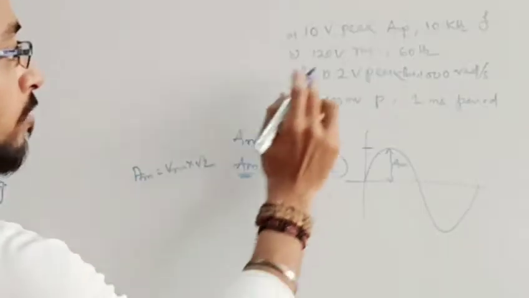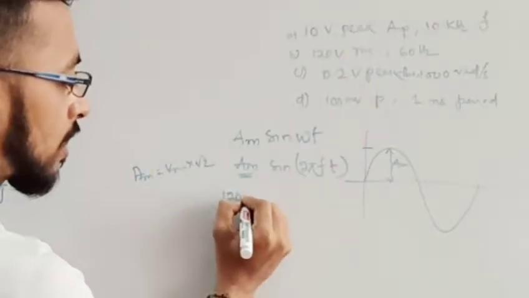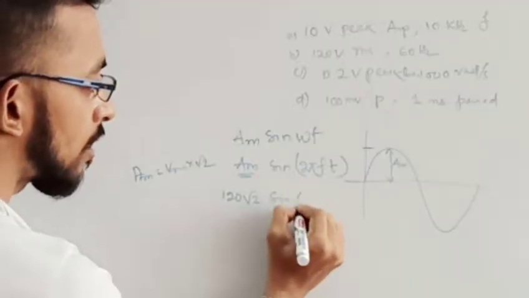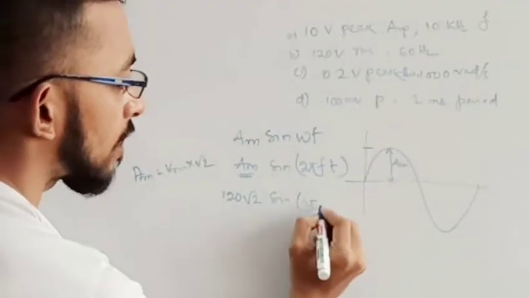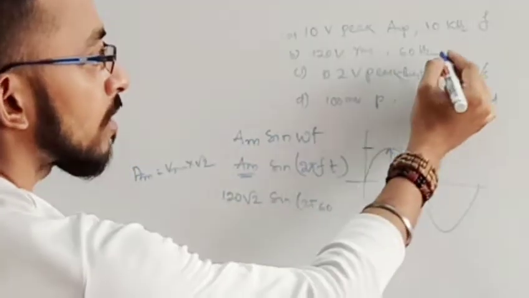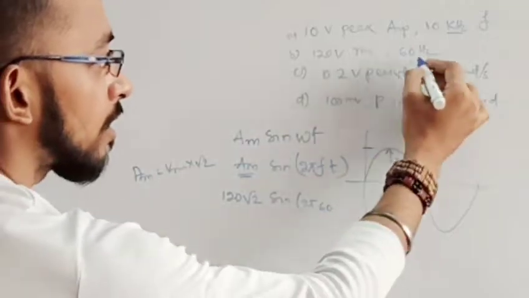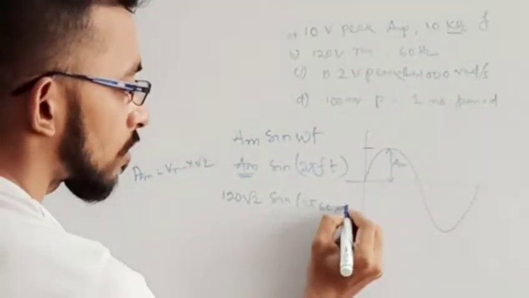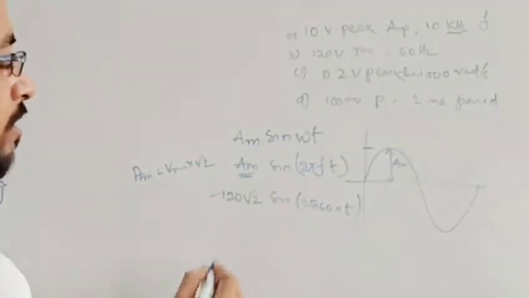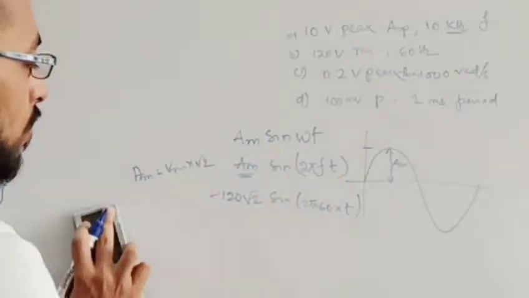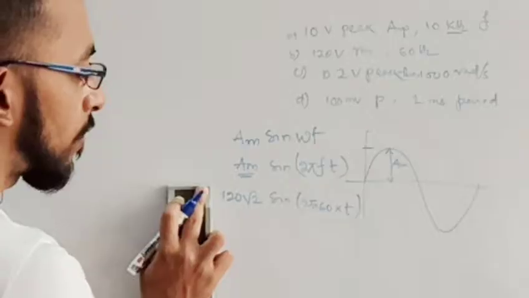So my peak amplitude for this case will become 120 root 2 into sin 2 pi, with f given as 60. You have to see that when it was 10 kilohertz, I put 10 power 3, but here it is only 60 hertz, so only 60 is there. So this is for the second part. When the RMS value is given, you have to convert it by multiplying by root 2, and then it can be put in peak form.